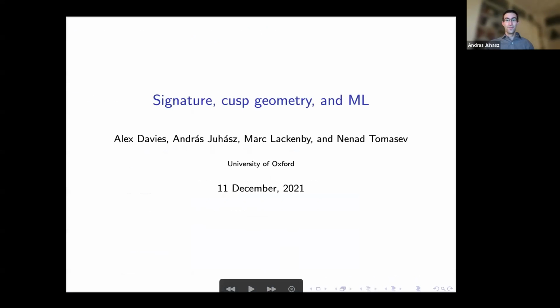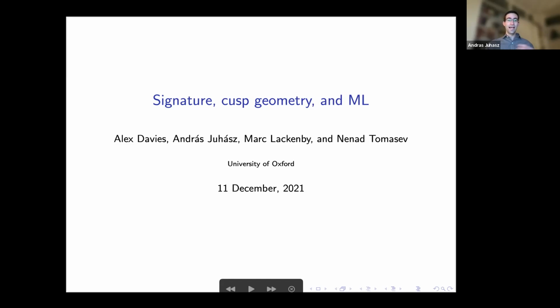Okay. Right, so this is a project where we used machine learning as a tool to find an interesting relationship between the cusp geometry of hyperbolic knots and its signature.